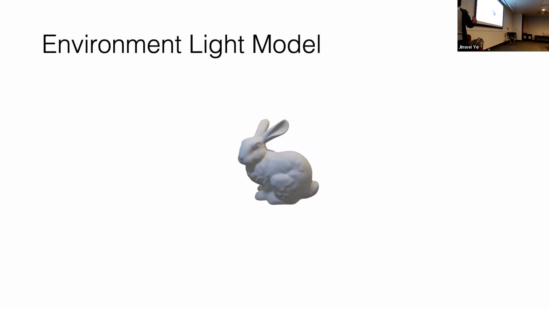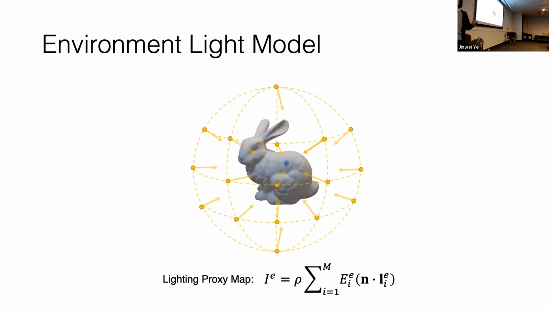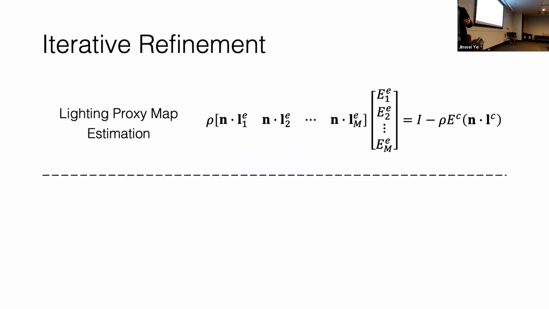We model the environmental light on a hemisphere as a lighting proxy, and we estimate the lighting proxy map by comparing with the captured image and then taking out the part that is the pure diffuse reflection.